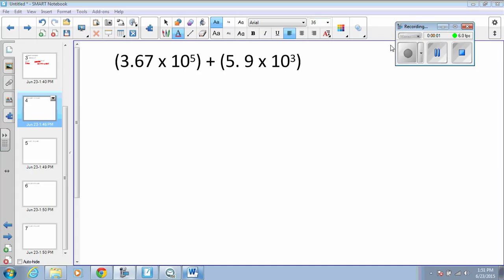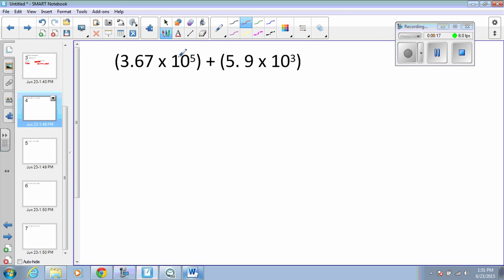Okay, now we're going to follow the rules for doing operations with scientific notation. If we add two numbers that are in scientific notation, the only way to add them is to move the decimal place so that the power of 10 is the same.